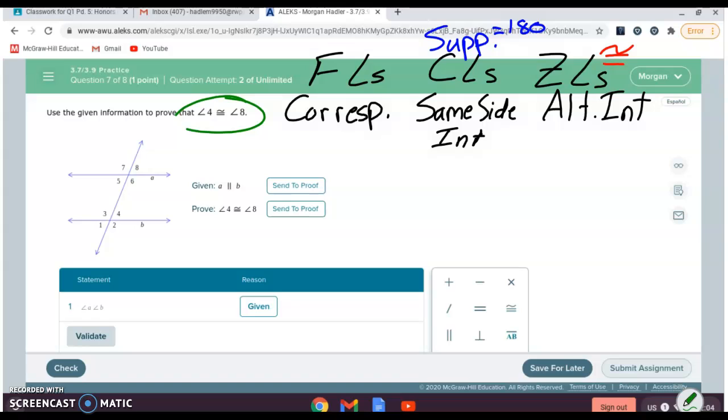And then the F angles, there's only one specific time that it looks like an F, and that's right here. That's talking about these two, where you've got 2 and 6. They're at the inside angles of those Fs. Those are your corresponding angles, and those are always congruent as well.